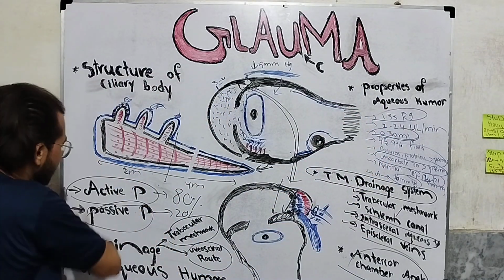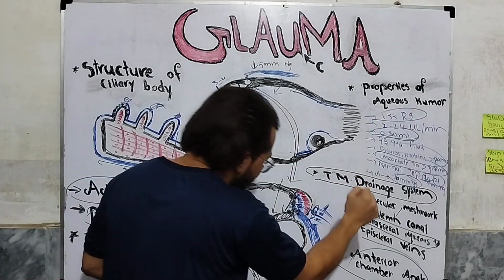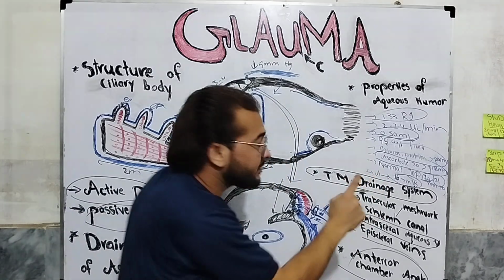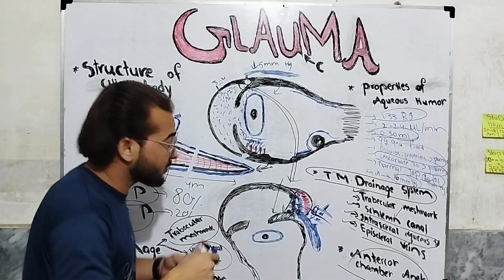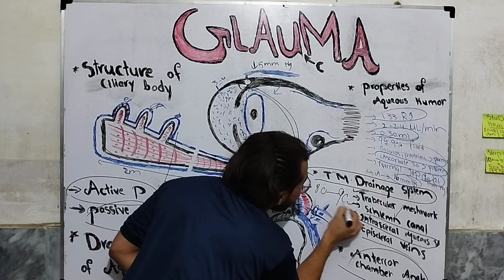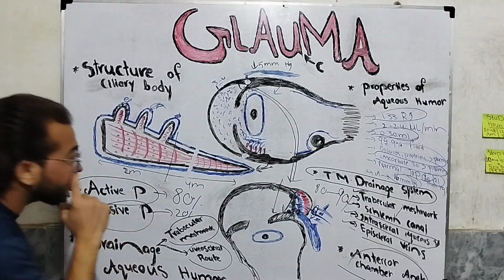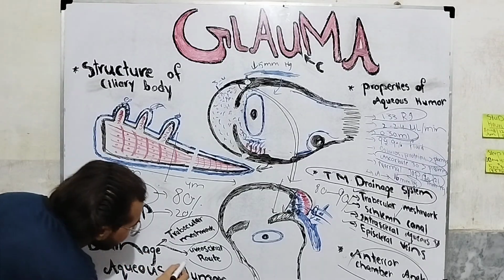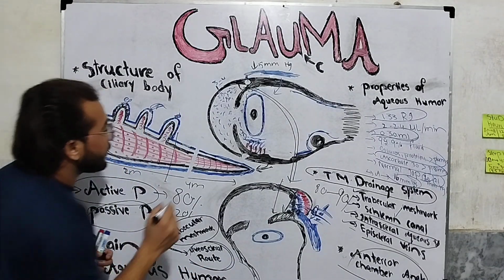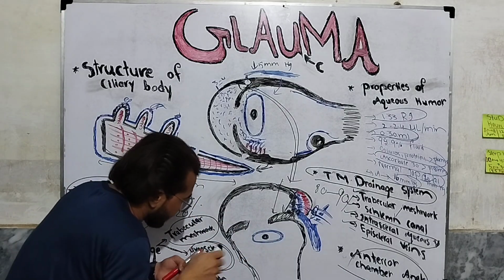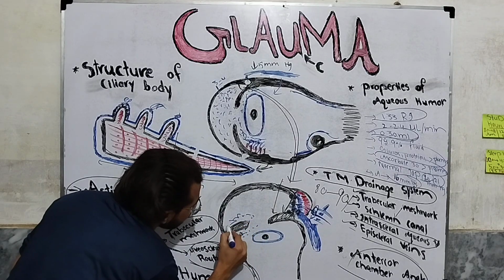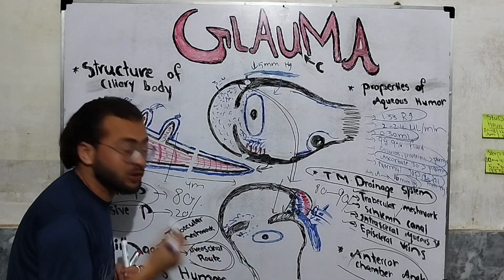So these are the properties: the refractive index, its volume, its production, its composition. And this was about the drainage system. And remember, at last, the main drainage system, the trabecular meshwork drainage system, drains about 80 to 90% of the fluid, and the rest 10 to 20% is drained through the uveoscleral route. What is uveoscleral route? The fluid mainly comes to this posterior chamber and then drains to this interior chamber angle through the trabecular meshwork, okay.